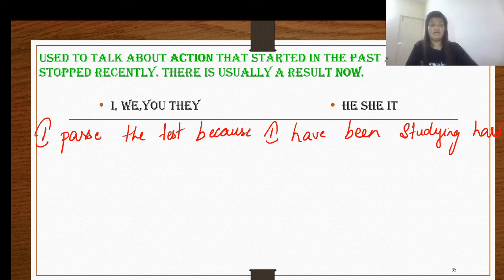Full stop. I passed the test because I have been studying hard. Full stop. Now this is the result. I passed the test. Why or how come or what made you pass the test? The action that refers to is because I have been studying hard. I have been studying hard, but because of that, I passed.